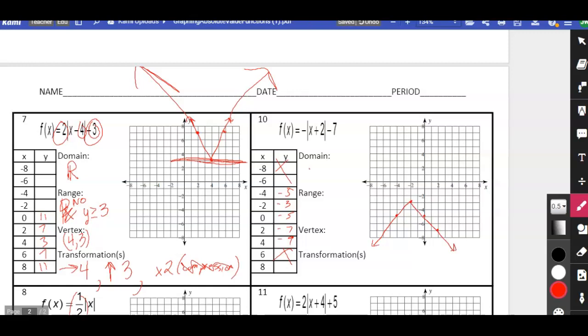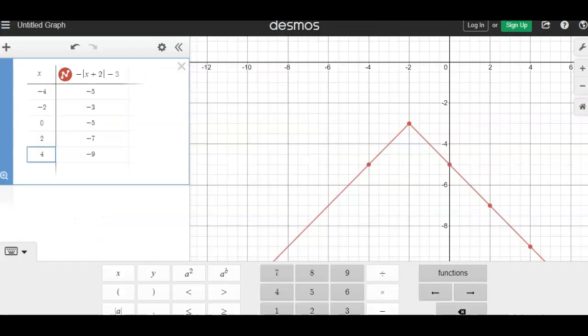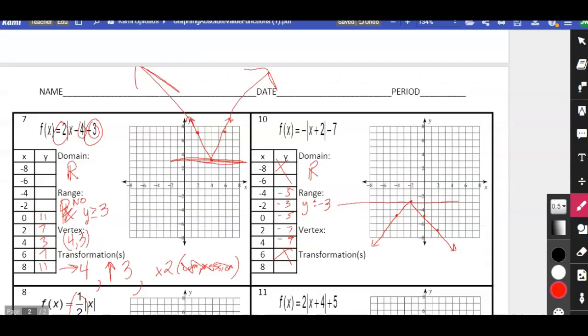Okay, and our domain, again, is all real numbers. You can do any x, but my range has to be less than or equal to this -3. Oh, and I forgot. I'm sorry, guys. The reason I changed this to -3.